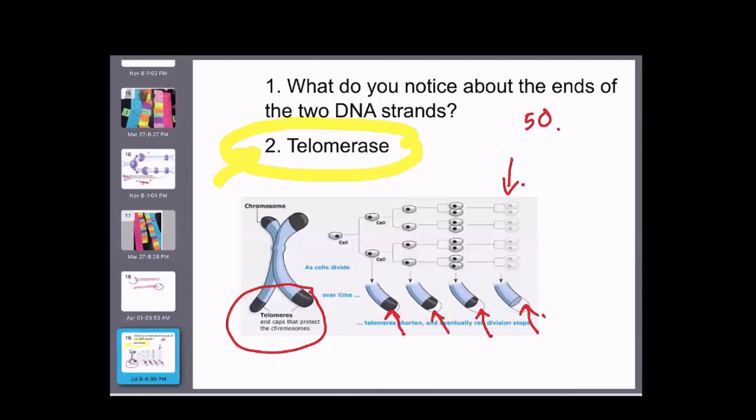What telomerase does is it helps repair those ends. It keeps adding some repetitive sequence at the end of our chromosome tips so that they don't shorten. The other thing is we have telomeres at both ends of our chromosomes, so this shortening is happening on both ends.